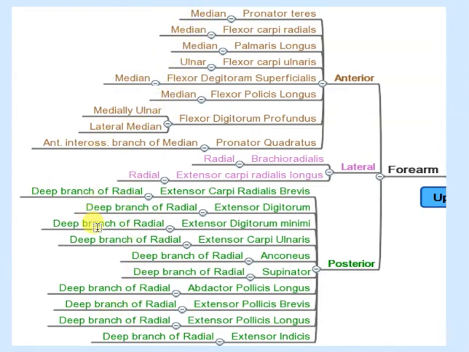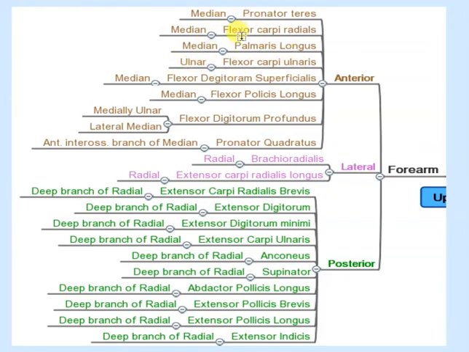Here on the left we have the nerves, then here we have the muscles, and they have divided the muscles into compartments. Here is the anterior compartment, lateral compartment, and the posterior compartment. You can see that in the anterior compartment, muscles are supplied by the median nerve, except flexor carpi ulnaris, which is supplied by the ulnar nerve.